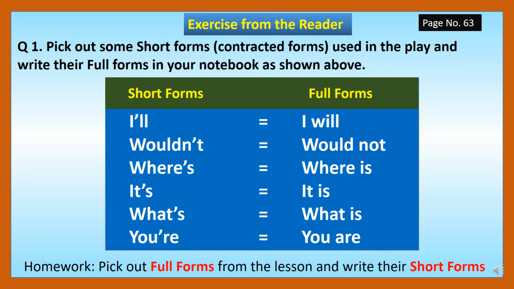They have given you the examples of full form and short form. We already practiced all these full forms and short forms. Now we will go to question number 1. Pick out some short forms or contracted forms used in the play and write their full forms in your notebook as shown above.